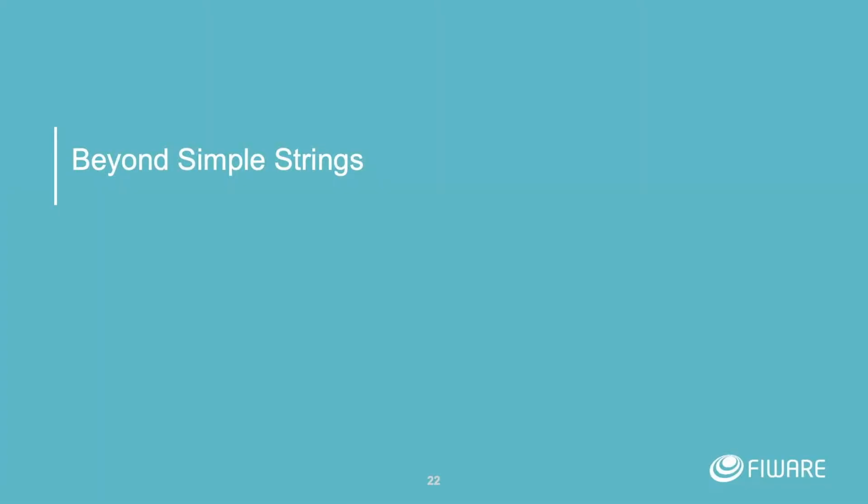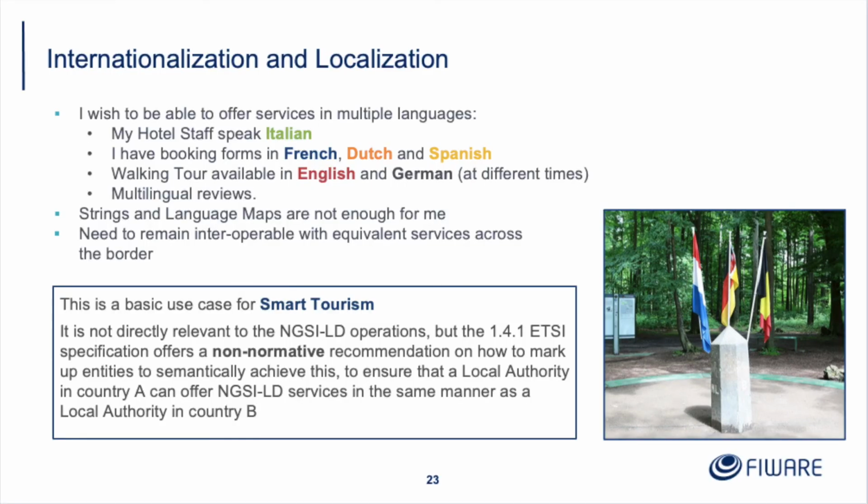Moving beyond simple strings, this is something which can be done today. This is something which is actually to do with how to define your data models. And again, this is a recommendation from the latest specification. There are plenty of places where you need to have an indication as to what language something is in, but it's not actually just the string. It's not just the name of the place.